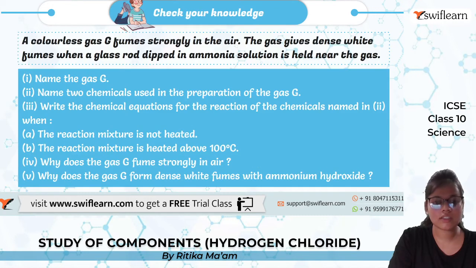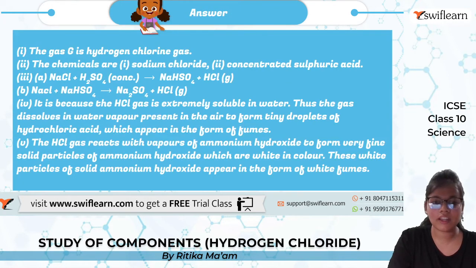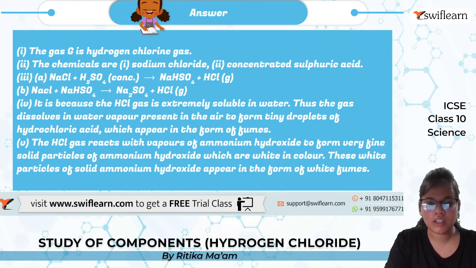Next question asks, why does the gas G fume strongly in air? It is because it is extremely soluble in water, and it dissolves in the water vapor present in the air to form tiny droplets of hydrochloric acid, and this acid appears in fume form.